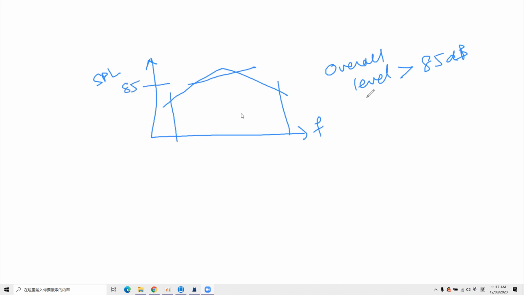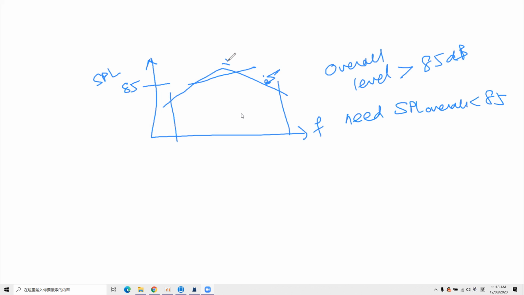Now I need the SPL overall to be less than 85. What I will need to do is make sure that I reduce the values. If you reduce these values here, it is not going to make any difference to your answer.